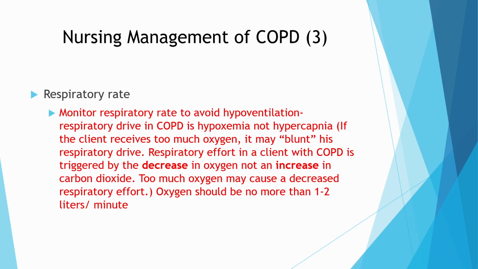Respiratory effort in a client with COPD is triggered by the decrease in the oxygen level, not an increase in carbon dioxide. So therefore, too much oxygen may cause a decreased respiratory effort. So therefore, oxygenation for this population should be no more than 1 to 2 liters per minute.